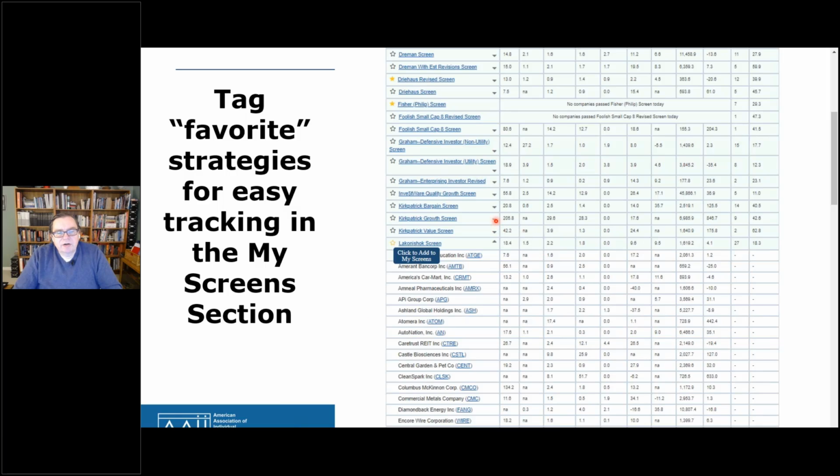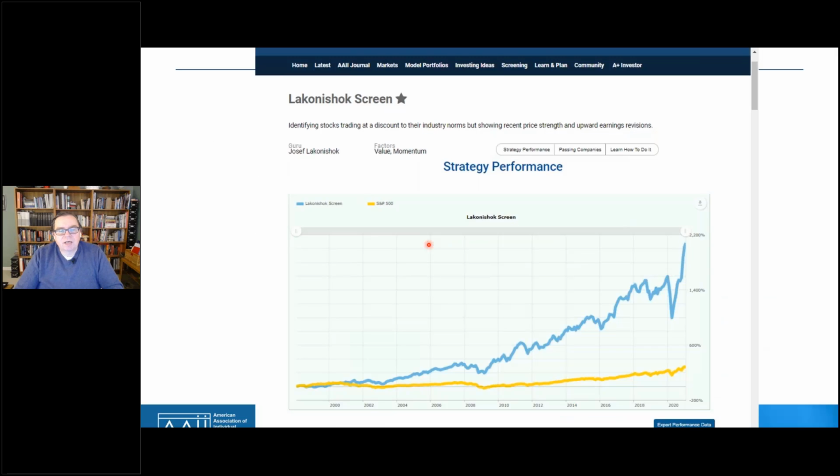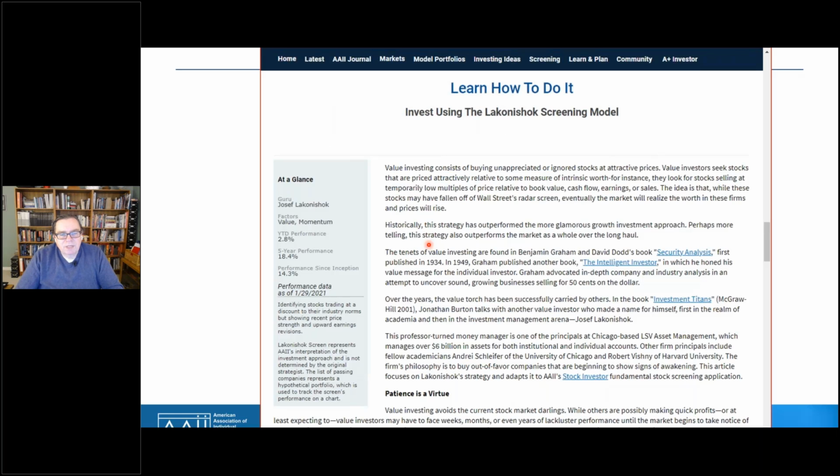If you click on the down arrow next to one of these strategies, it'll present the list of companies that are in there. You can then go ahead and look at those companies, click on the link, and do some additional research. If you click on the screen name itself, it then gets you into some information that is presented for each of these approaches. So every screen that we have programmed on our website, we give you some basic performance information, but more importantly, we provide information as to how this approach was developed.